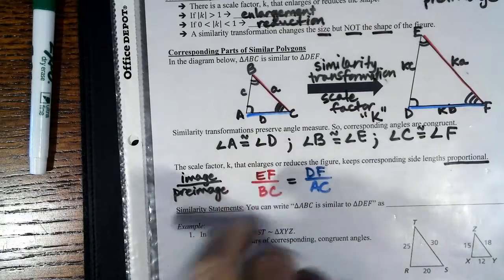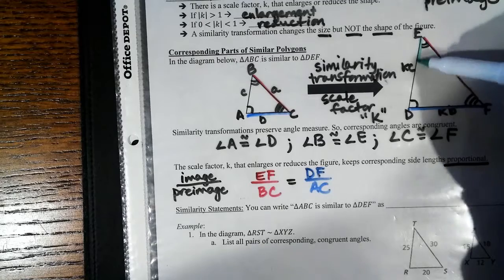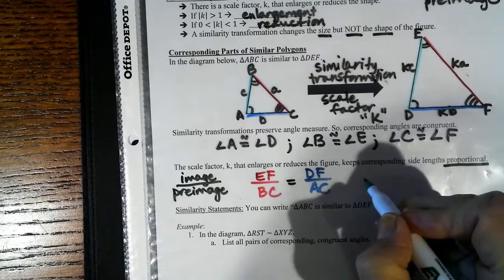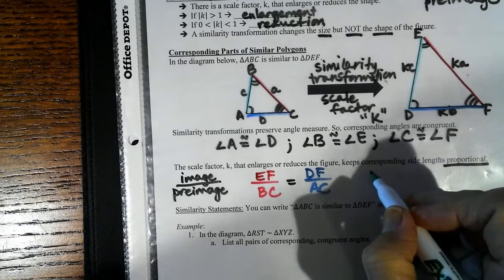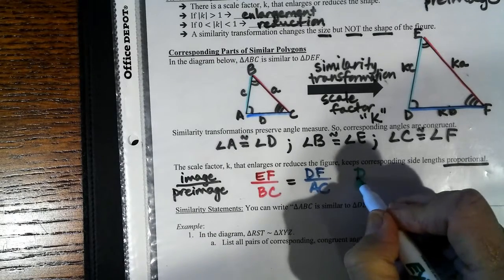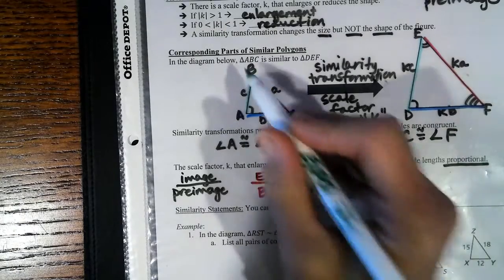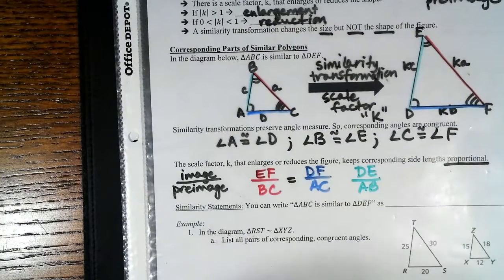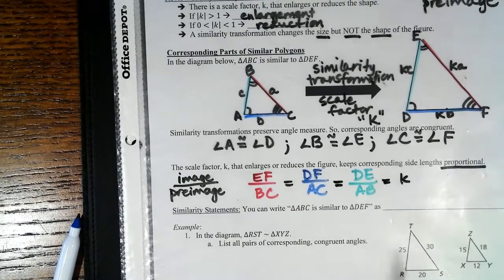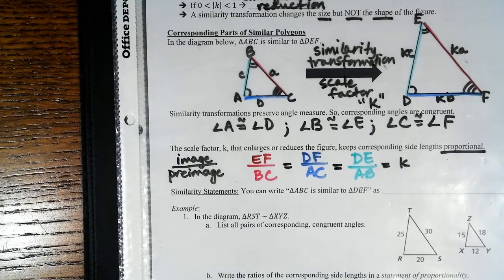When you write a fraction equal to a fraction, that's a proportion. But wait, there's more. This one here that I'm now doing in green is also in proportion. And so it's DF. No, that's an E. DE corresponds to AB. And all three of those ratios are equal to our number k. And that's going to help us find anything that we don't know yet.